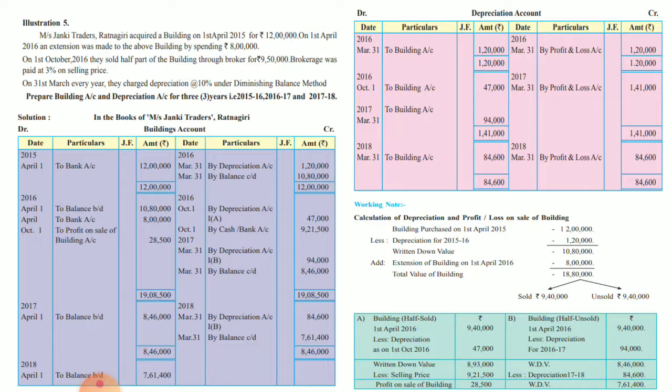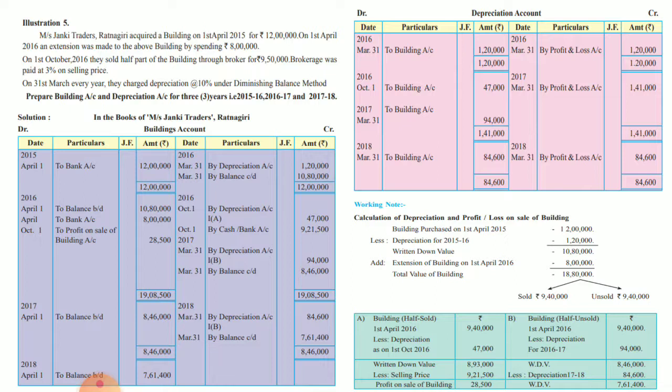On 1st April 2016, meaning the next year, an extension was made to the building by spending rupees 8 lakh. So again 8 lakh was spent for the extension of the building. For the first year, 2015, it was only 12 lakh, but next year, in 2016, the extension was made for rupees 8 lakh.